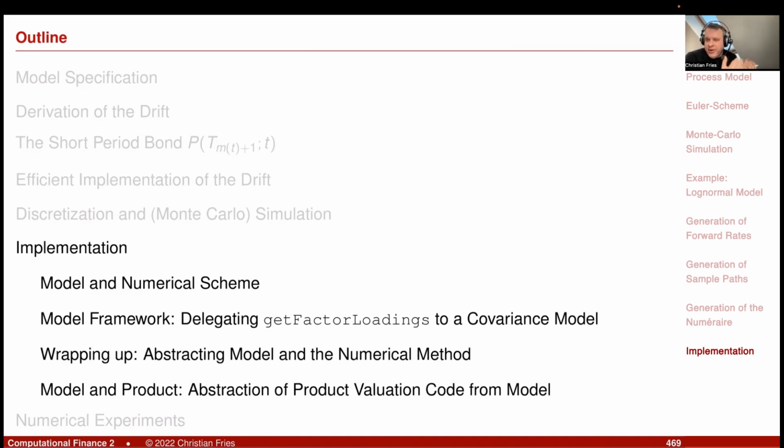So generate the Brownian motion, or calculate the drift, or perform the Euler scheme approximation. So I would like to decompose my program into these parts.